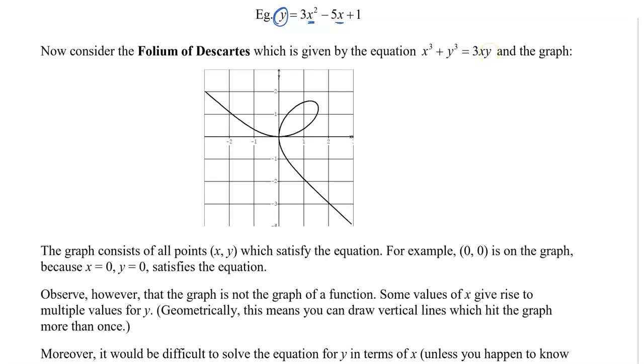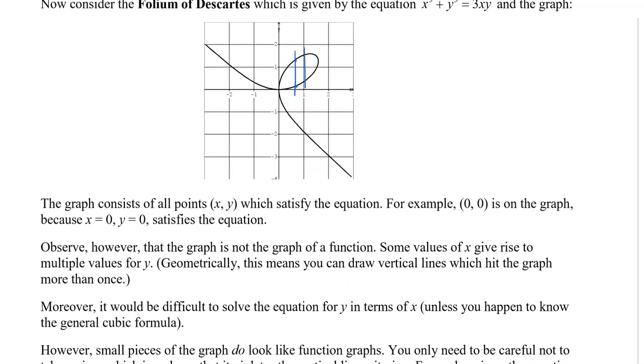However, notice that the graph is not the graph of a function, because if I draw a vertical line anywhere here, it's going to hit two different y values for the same x value. Moreover, it's actually very difficult to solve for y, because we have y on the left side and the right side, unless you happen to know some cubic formula.